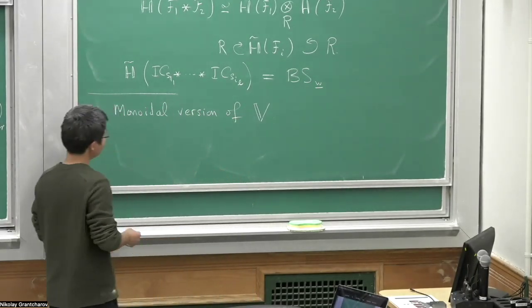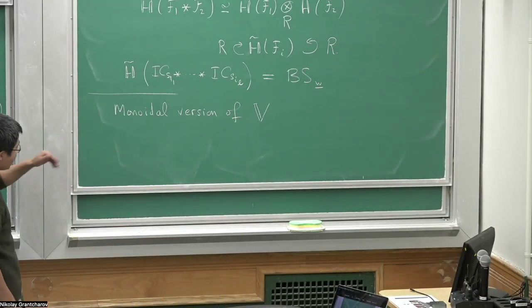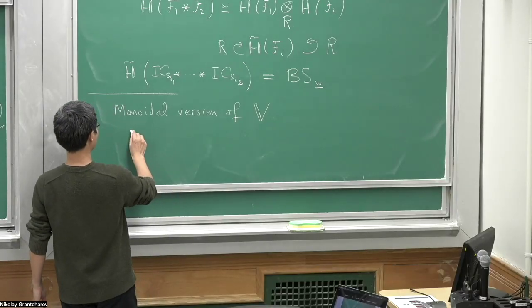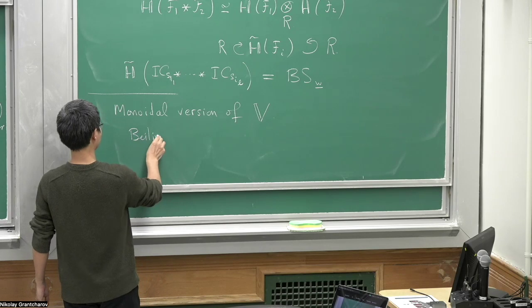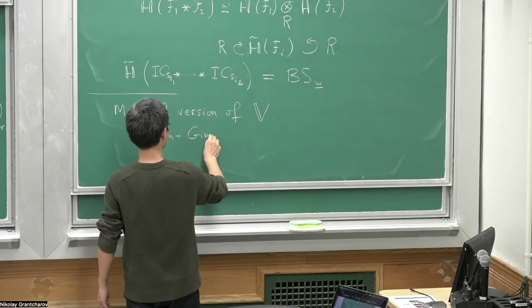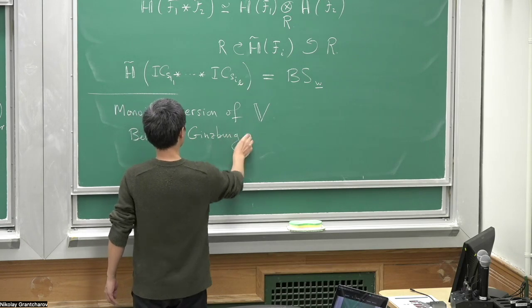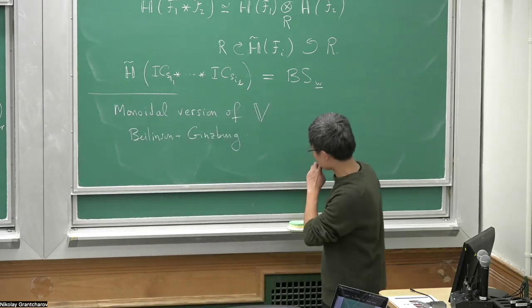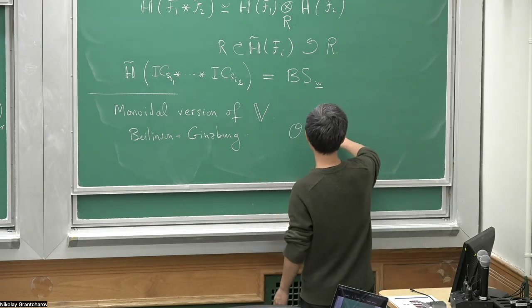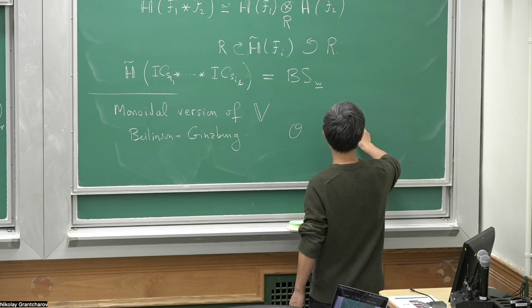And the answer in the context of category O is by the paper of Bezrukavnikov and Yun, and Ginzburg, namely for category O, we should switch the point of view to Harish-Chandra bimodules.